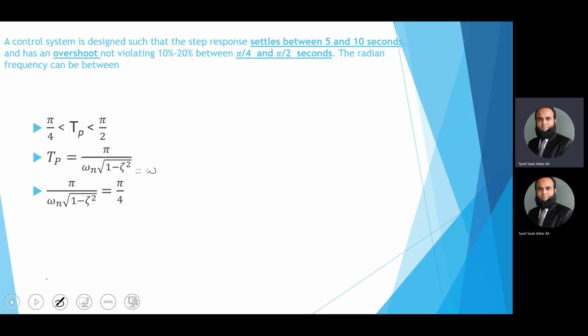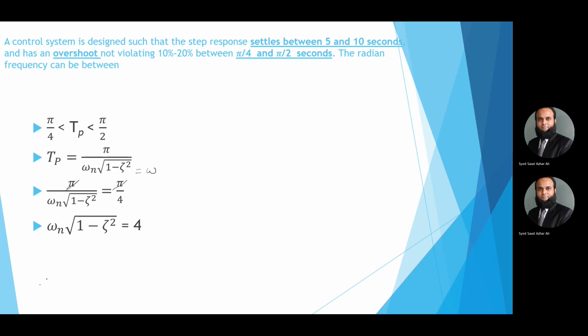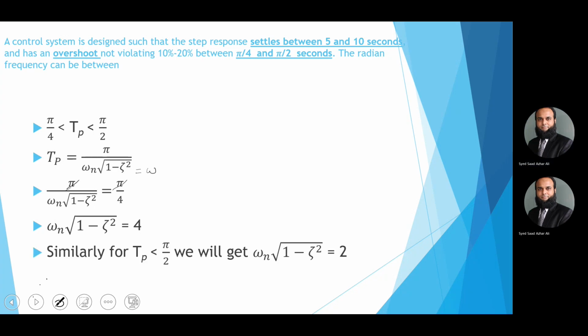So when we keep pi upon omega n under root 1 minus zeta square equal to pi by 4, we can cancel out pi and pi. We get omega n under root 1 minus zeta square equal to 4. And similarly, for pi by 2, we get 2.